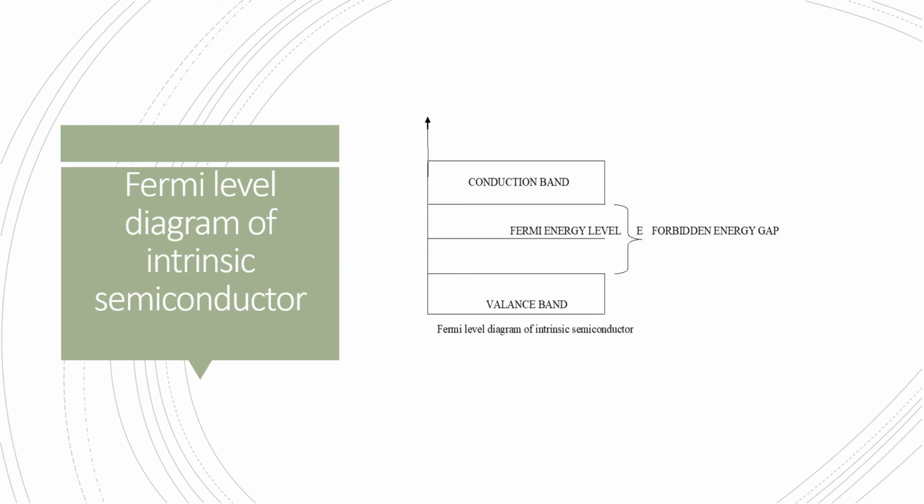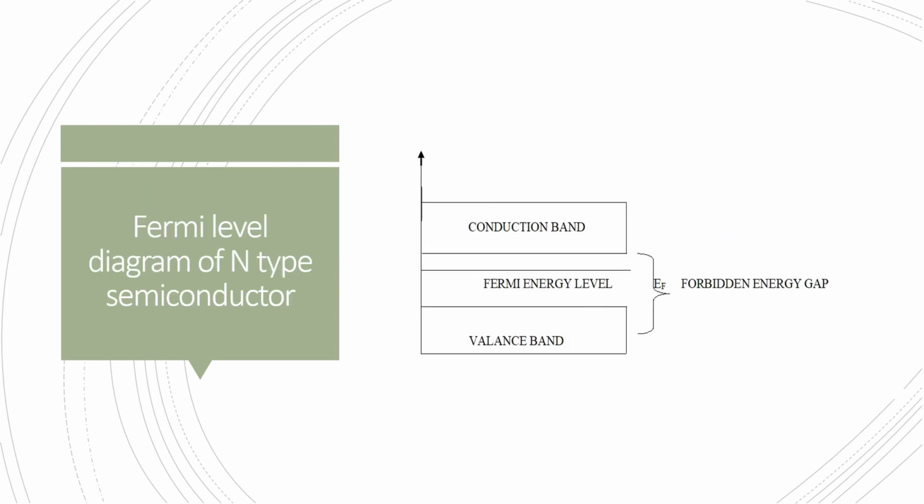Now, let us see the Fermi energy level in an N-type semiconductor. As we know, basically semiconductors are insulators, isn't it? But N-type semiconductor means we have done the doping. So at room temperature, almost all the electrons of the pentavalent impurity jump to the conduction band.